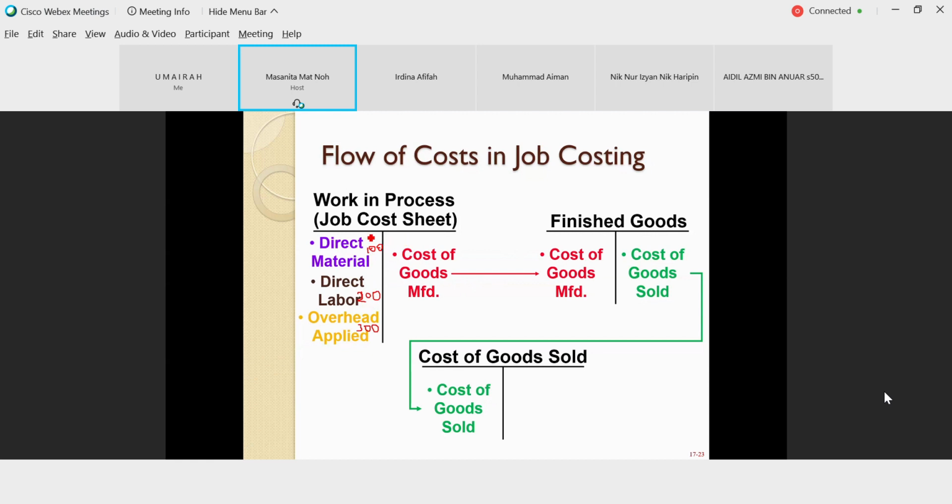Katalah dia ada balance 100. Okay. So altogether ada 700. Tapi dia ada pula balance balik kat sini, katalah 200. Okay, so balance ada 200 kat sini.